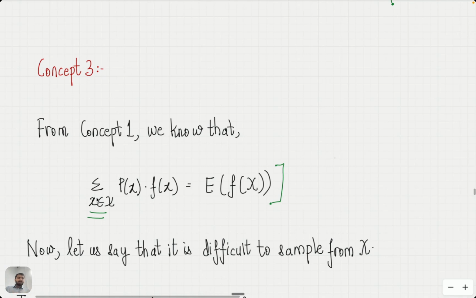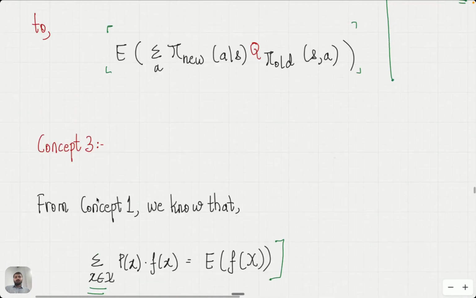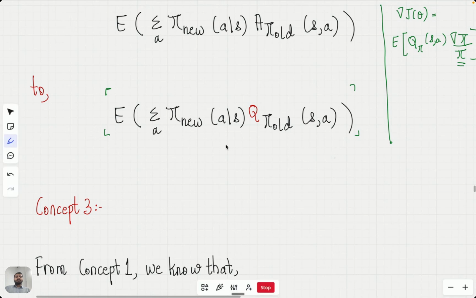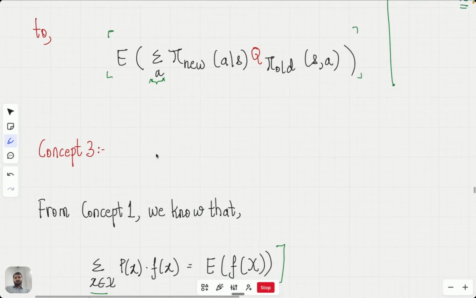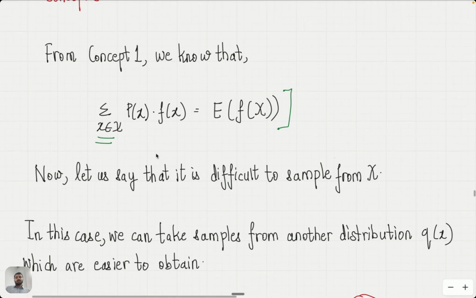And this is something encountered in a lot of problems, and it is also encountered here. Since let's say we do not know how to sample from all of these actions under the new policy, we are not able to evaluate this expression. So what people do is they say, okay, fine, even if you are not able to sample from x, you take the sample from another distribution, q of x, which is easier to obtain as compared to p of x.